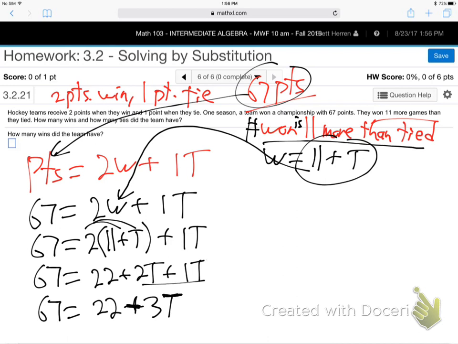We good there? Bring it up here. So 67 is 22 plus 3T.